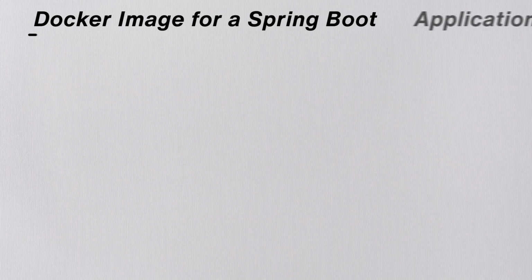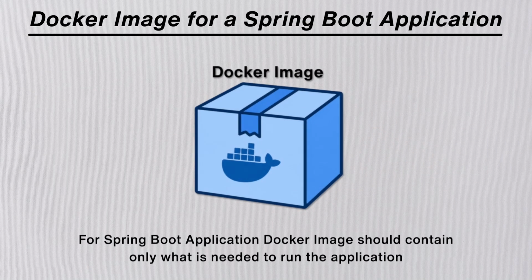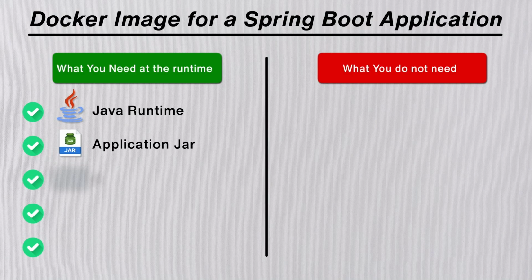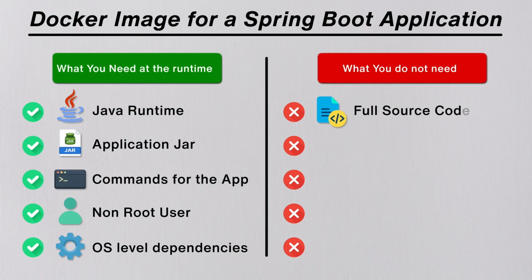For a Spring Boot application, the Docker image should contain only what is needed to run the application. At runtime, we usually need a Java runtime, the application jar, the command that starts the application, maybe a non-root user, maybe some basic operating system level dependencies if your app actually needs them. But we do not need everything. We don't need the full source code. We don't need Maven in the final image.